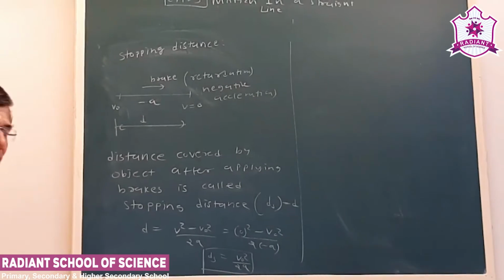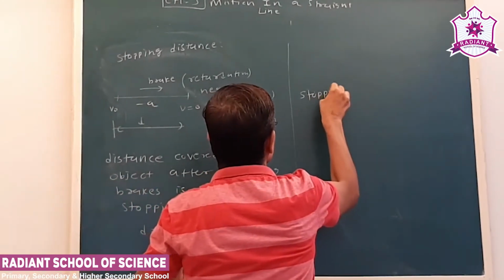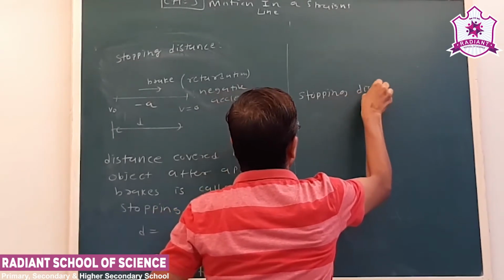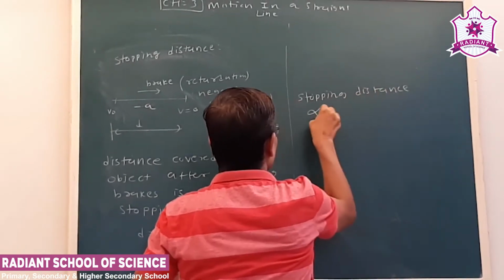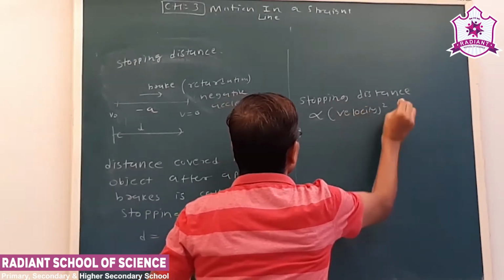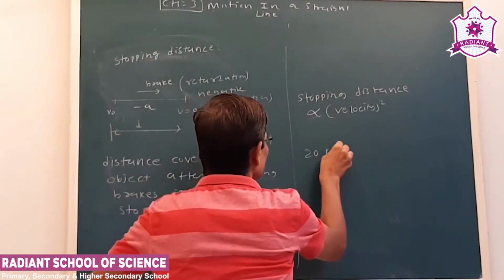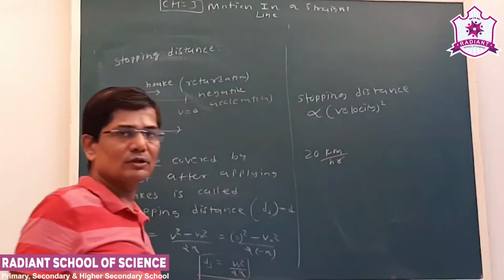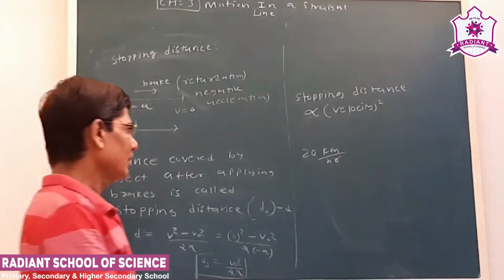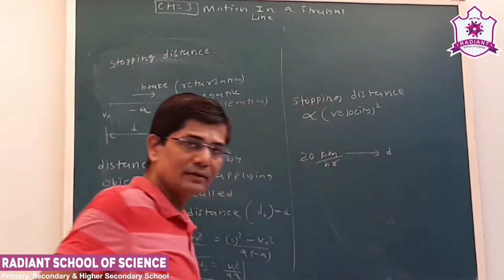One thing we have to keep in mind: the stopping distance is proportional to the square of the velocity. What is the meaning of this? Suppose a vehicle is moving at a velocity of 20 km per second and we apply the brake, the distance covered is some value.